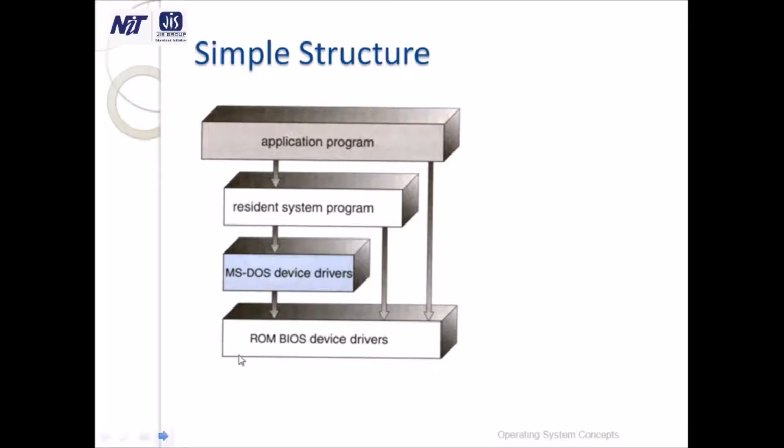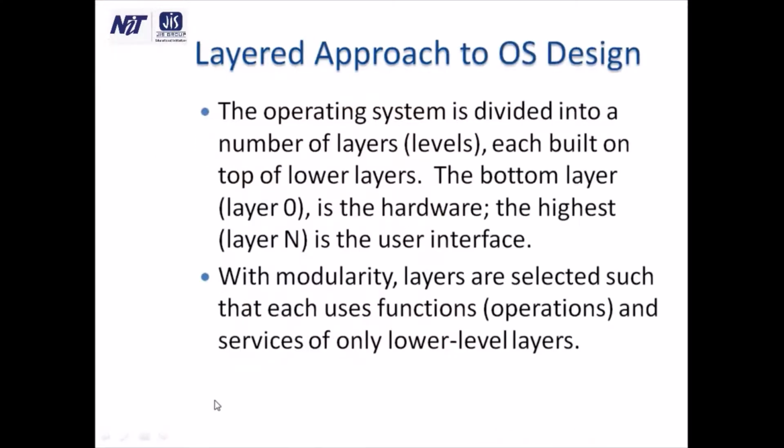So here we see what looks like a layer structure, but the MS-DOS device driver is connected to the ROM device, and the resident system program is also connected to the ROM BIOS through MS-DOS, or it can directly interact with the device driver. The application program also connects through the resident system program, or it can connect directly. So it looks like a layer structure, but actually it is not.